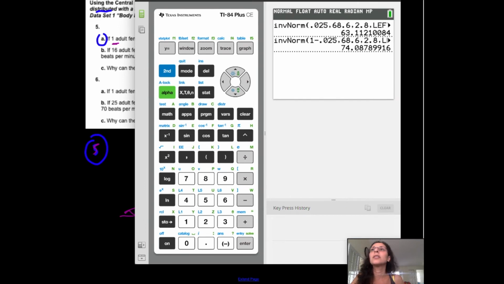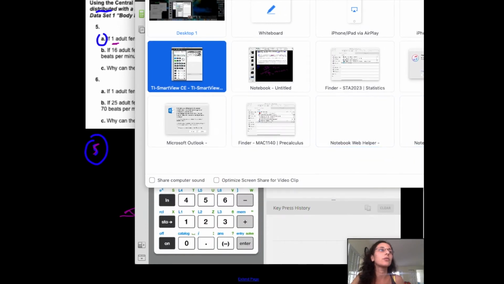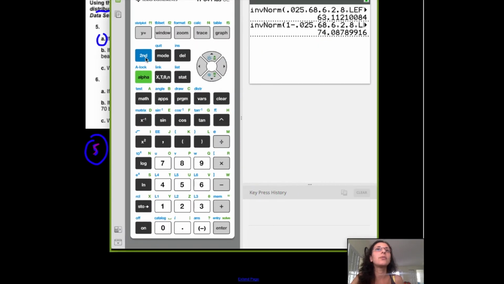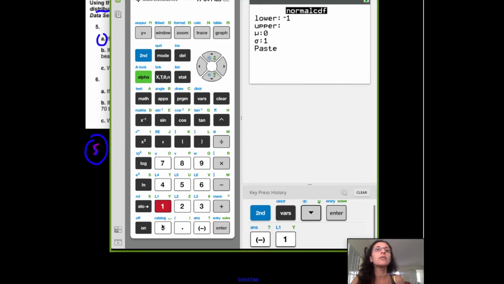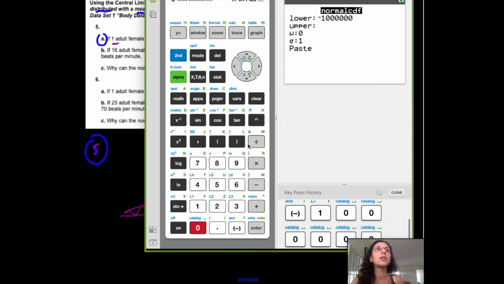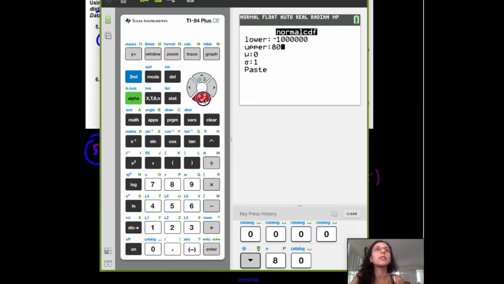Okay, so let me look at my calculator real fast. That's why I'm going through this a little bit faster, because we just did these kinds of situations. So normal CDF, negative large number, upper was 80. The mean, I keep forgetting, 74, and then the standard deviation was 12.5.